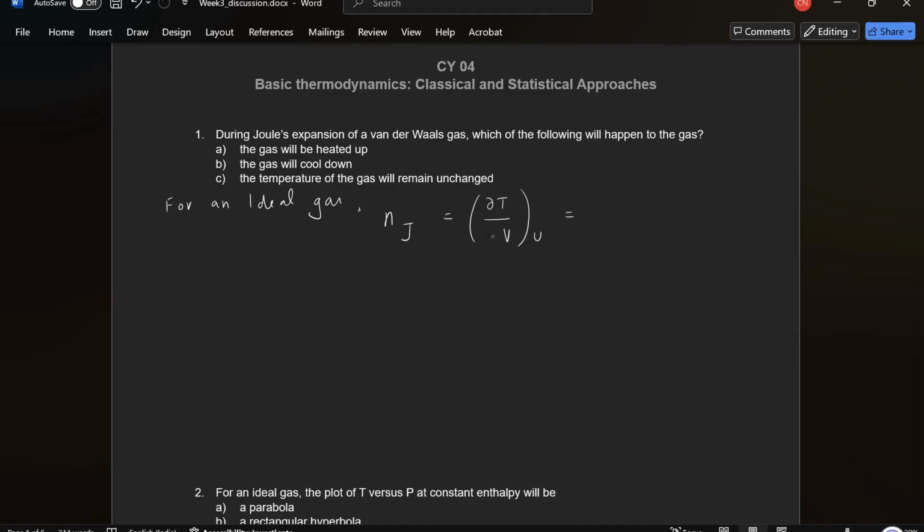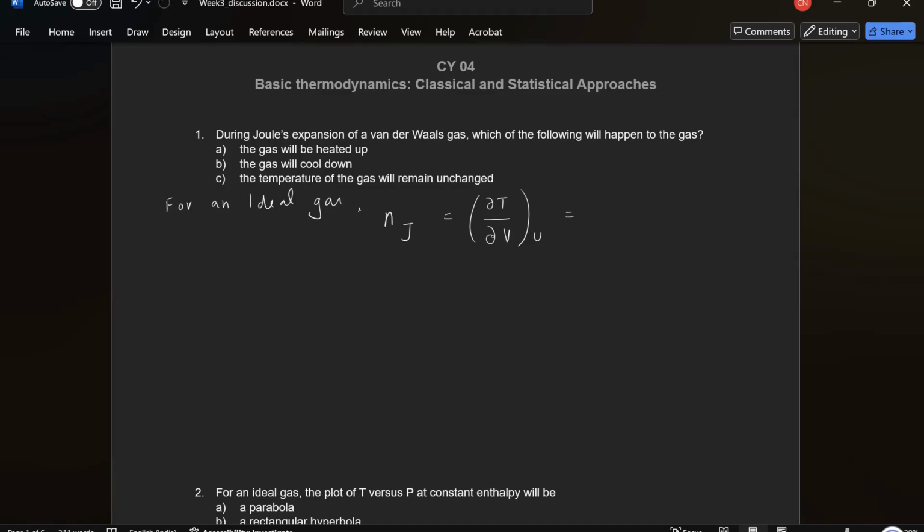What we see in Joule's expansion is that the internal energy of the system remains the same, and the gas is suddenly allowed to expand into vacuum. So it's basically a free expansion. There's no pressure acting on it, so the work done is zero, right? Now what happens if the internal energy is constant? As the volume expands, how does the temperature change is what we want to know.